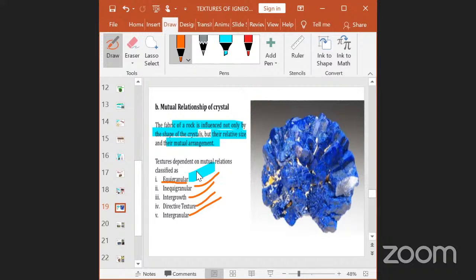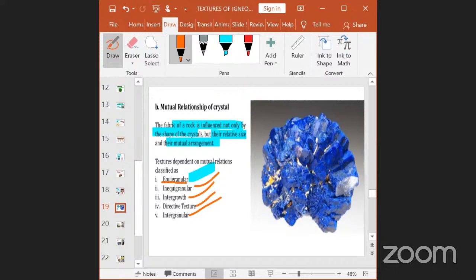So in this equigranular, the total grain size is the same, looks the same, right? So that is the equigranular texture.